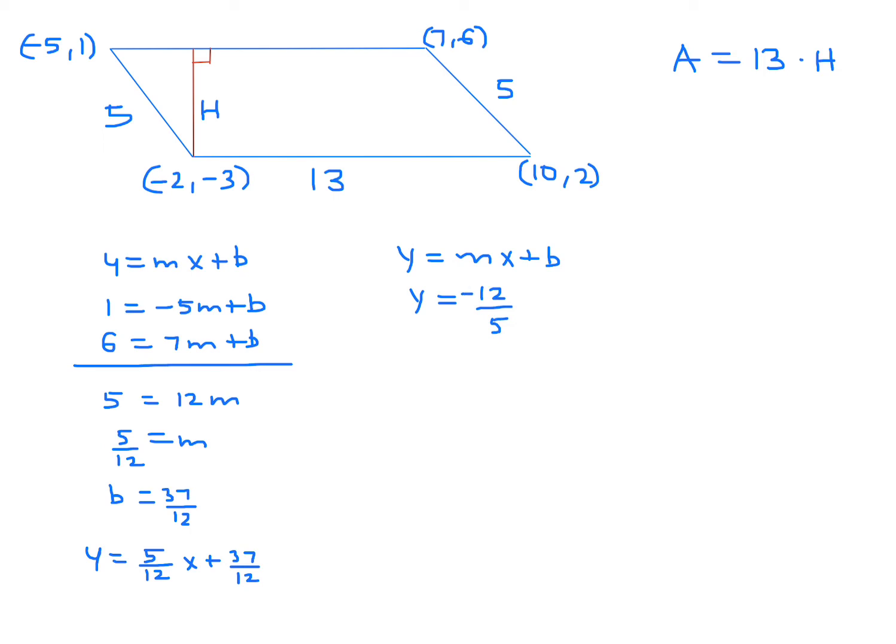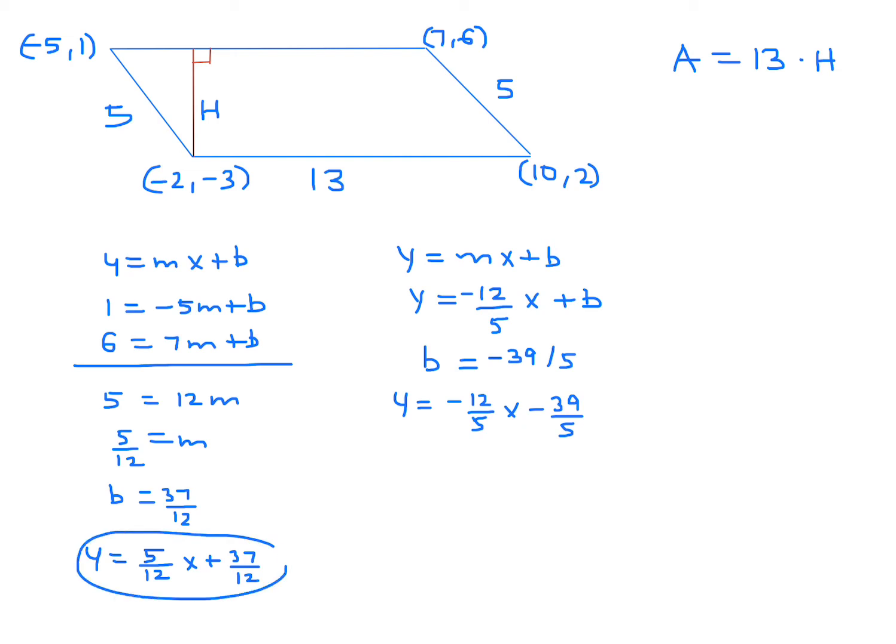That's what negative reciprocal means. So very quickly you can figure out the slope of that line. And then x plus b. To figure out b, we just substitute in that point, negative 2, negative 3. And when you calculate b, you get minus 39 over 5. So that equation is y is equal to minus 12 over 5 x minus 39 over 5.